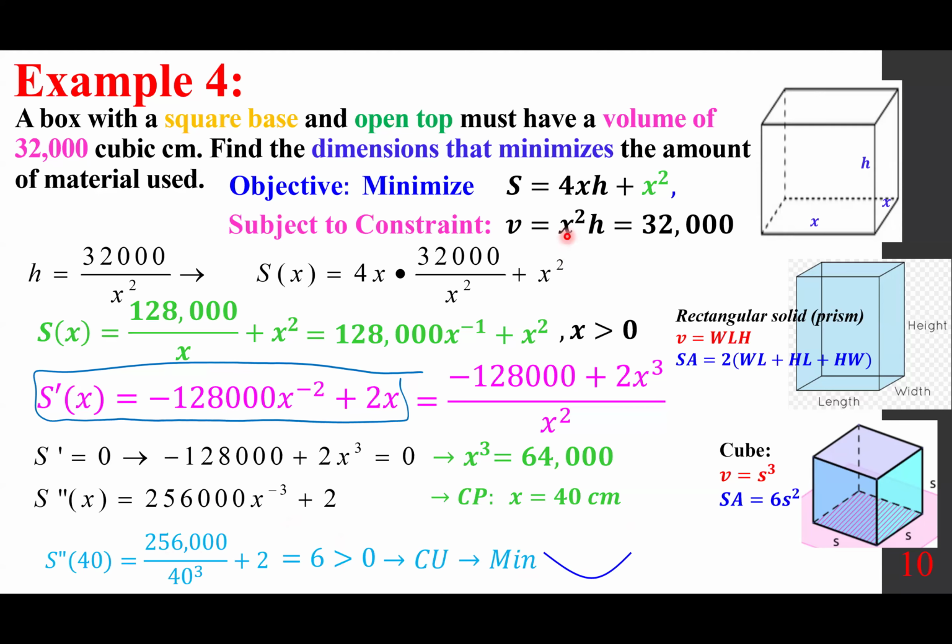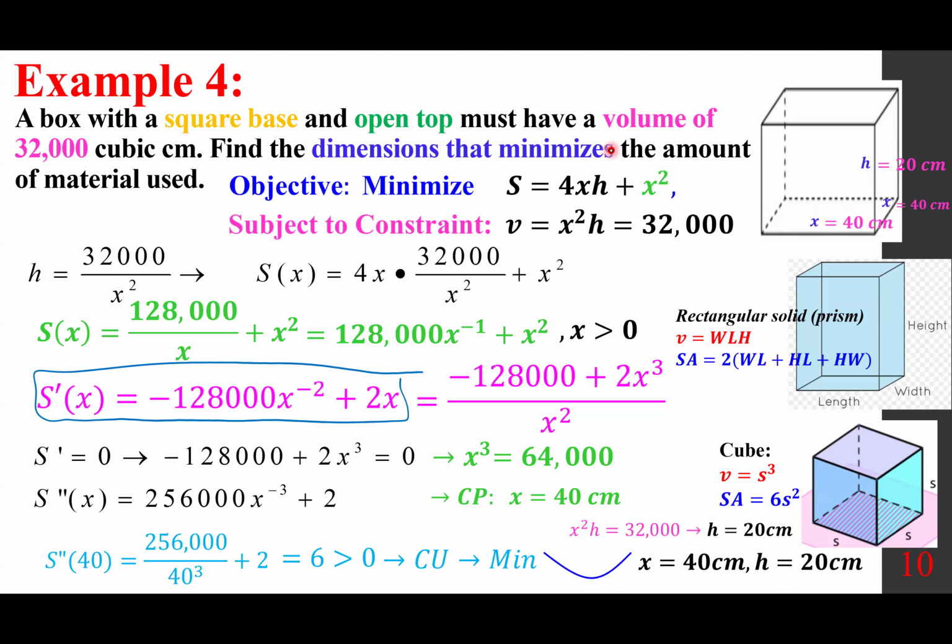So if I put it here, 40 squared, that means 1600 times h must be 32,000, and I get h to be 20 centimeters. So the dimensions are 40 by 40 by 20 centimeters.